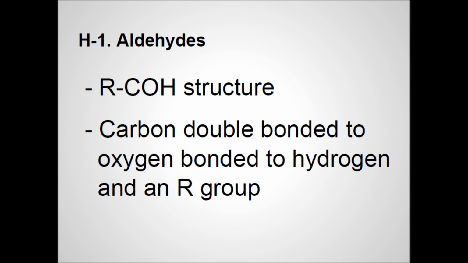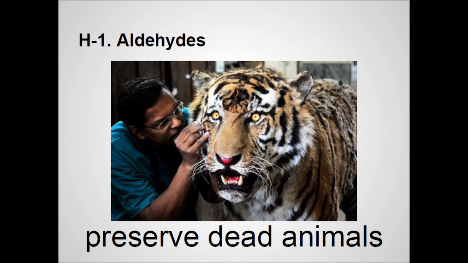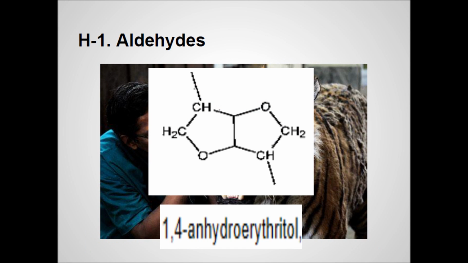The general formula for an aldehyde is RCOH. The terminal carbon chain is double bonded to an oxygen and single bonded to a hydrogen. In the case of methanal, R is a hydrogen atom. One of the uses of the aldehydes is to preserve dead animals, and it is mainly composed of 1,4-anhydroerythritol.